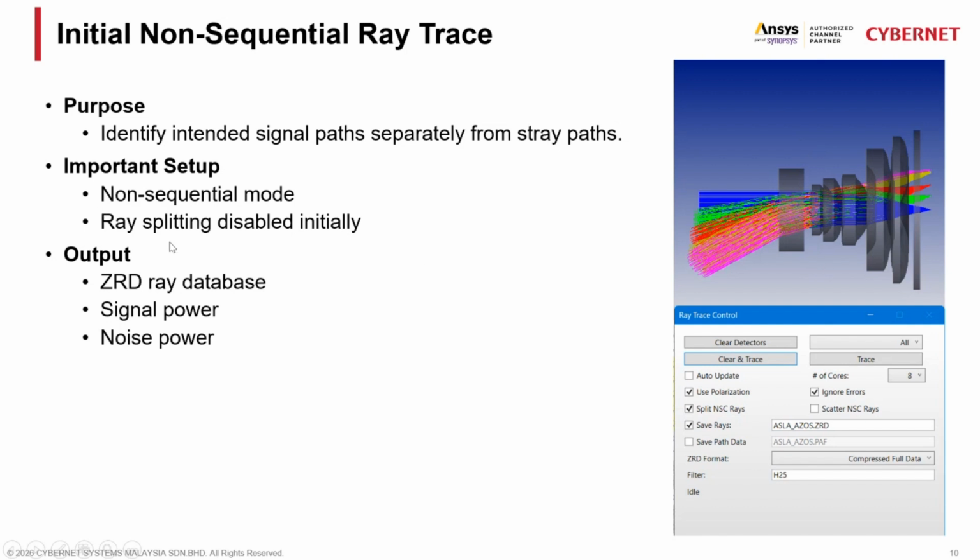When we convert to non-sequential mode, we need to enable use polarization and split NSC rays, and we need to save the rays to a ZRD file for further analysis. So this is the output file. We're going to use the signal power, noise power, and also the ZRD ray database.